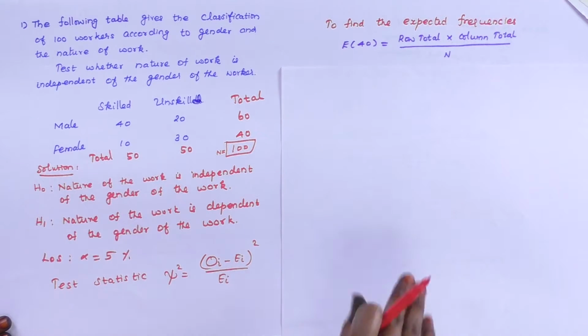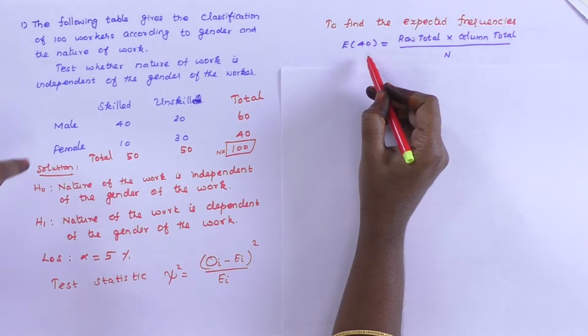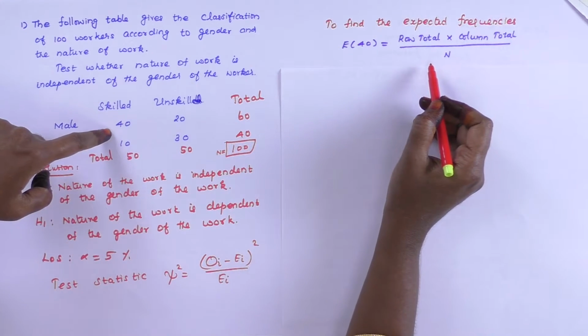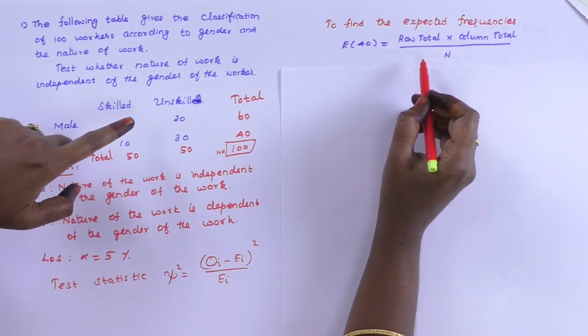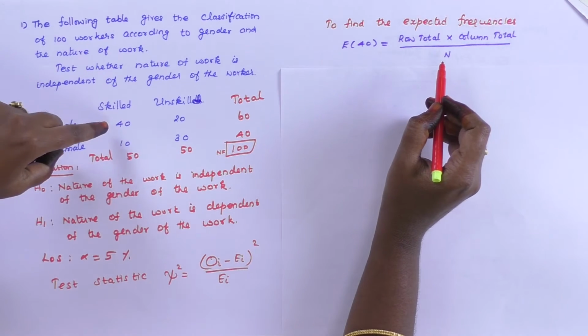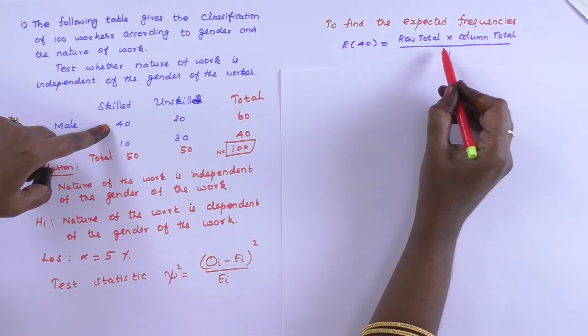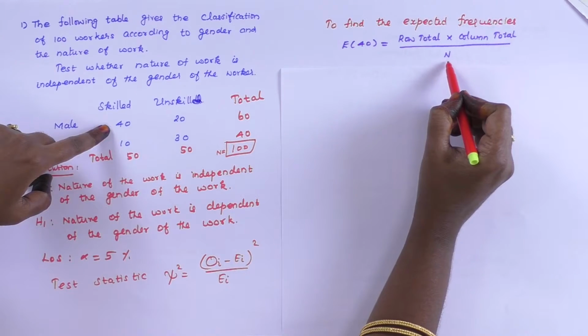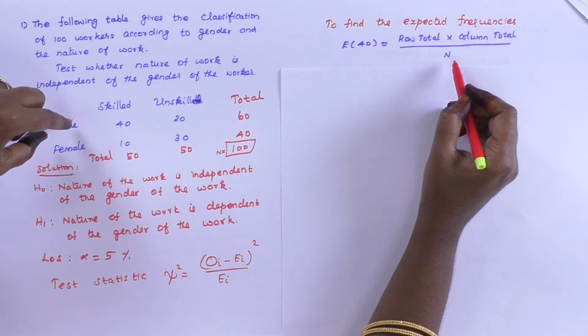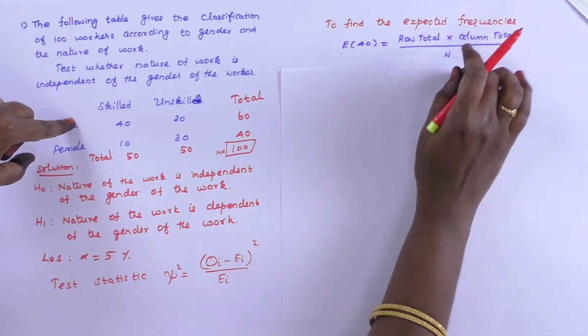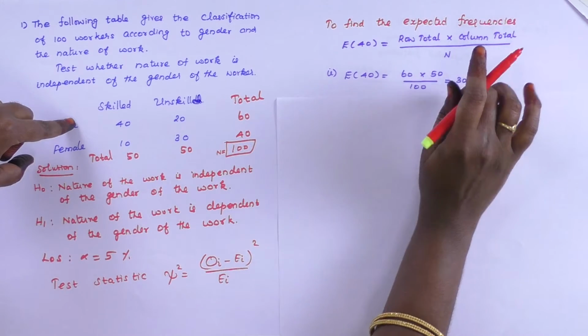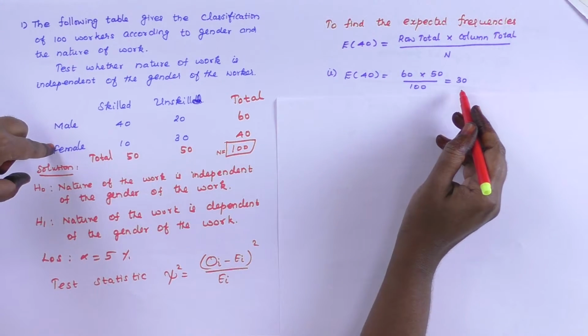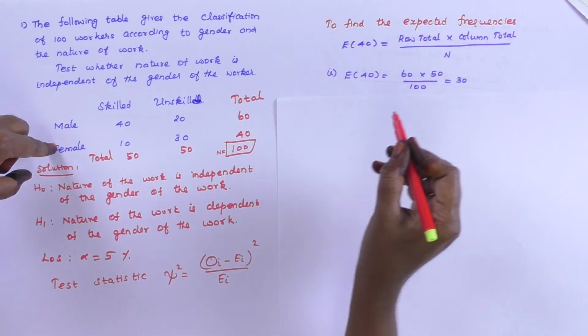Next, to find the expected frequency for each position, 40, 20, 10, 30, first take E of 40: row total into column total divided by N. The row total is 60 and the column total is 50, divided by 100. Simplifying this, we get 30.